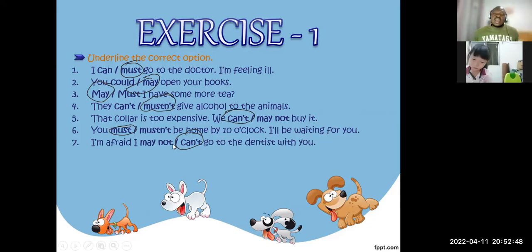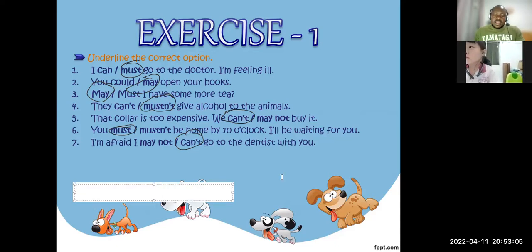All right, let's look at may not. We want to change this sentence to something that uses may not. So for number 7, let me just make it a little bigger.